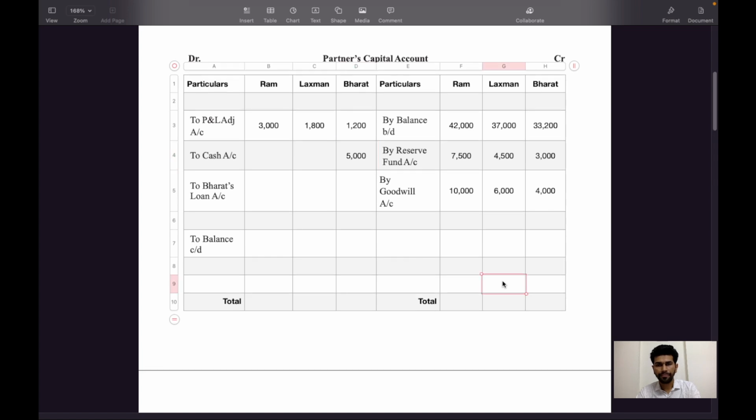Now partners' capital account credit side is more. We will cast the total of Mr. Ram: 42,000 plus 7,500 plus 10,000 rupees, 59,500.